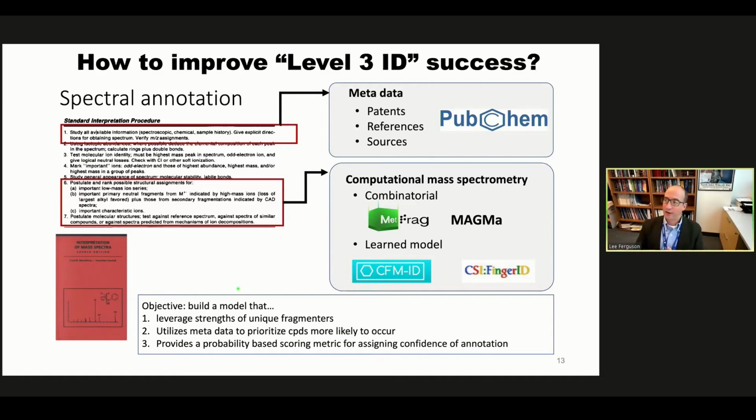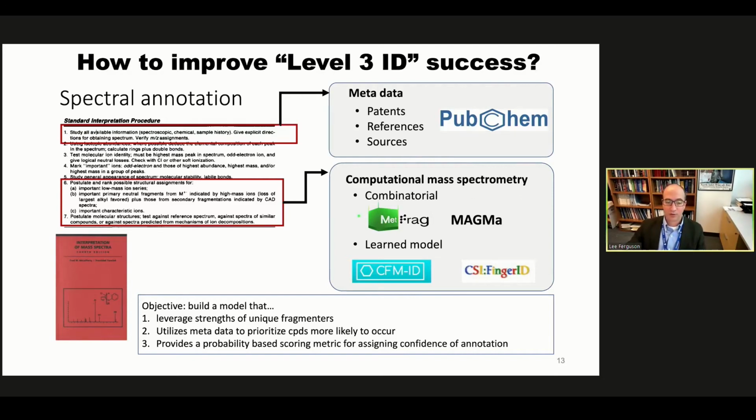And so we literally, in this case, take a page from the book of Fred McLafferty, Interpretation of Mass Spectra. If we go back to this seminal text and look at what the standard interpretation procedures are, we can come up with ways to use these steps to guide us in our computational mass spectrometry and cheminformatic approaches to automatically annotate molecules using mass spectrometry input.